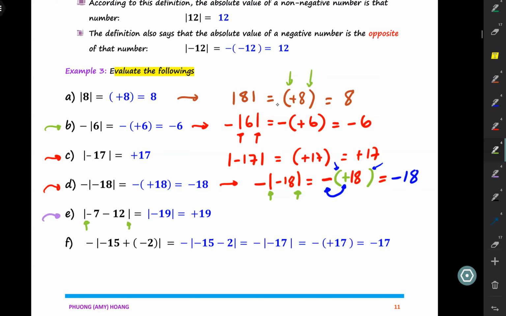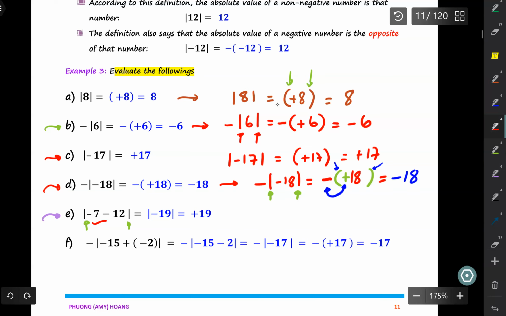What you need to do is calculate this result first. It turned into negative 19, and then after you have just a single value inside this absolute value notation, you can take that absolute value notation away and turn that into a positive number. In this case, it turns into positive 19.